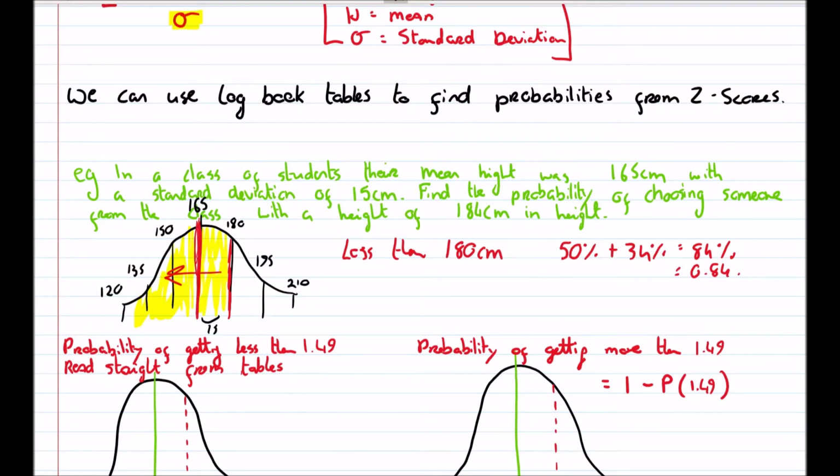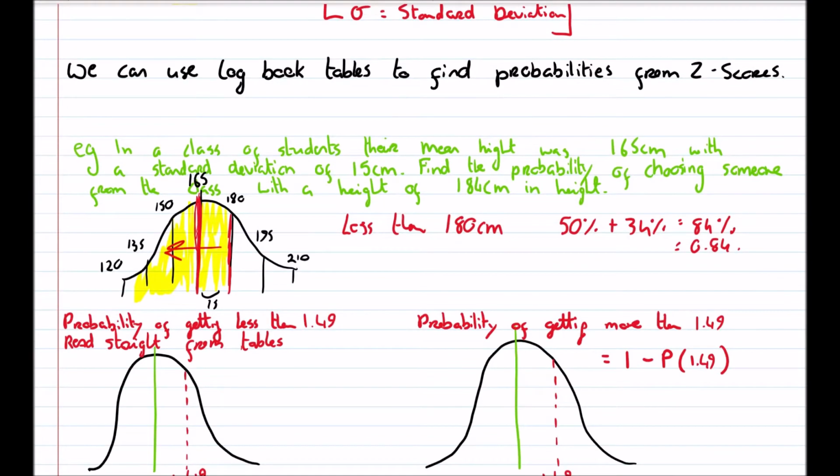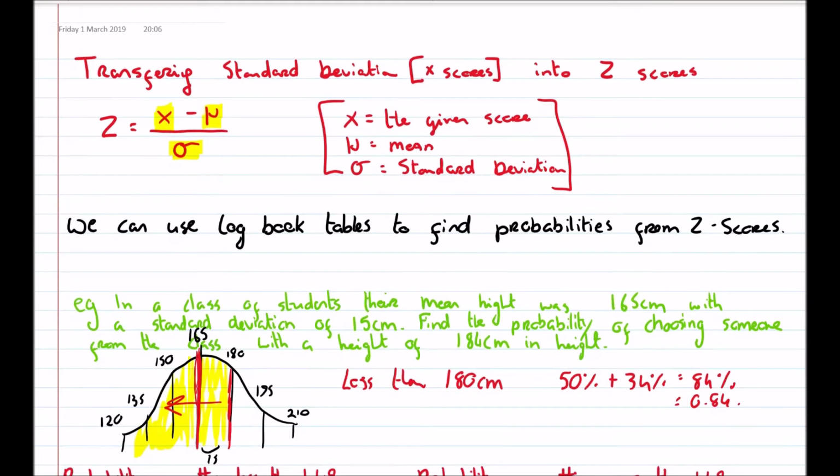Fair enough. Let's change that into a z-score though, and let's use our tables. Okay, we'll see how we can get it more precisely here. Right, well, how do we do that? Look up at our formula. So I'll actually do it over here.